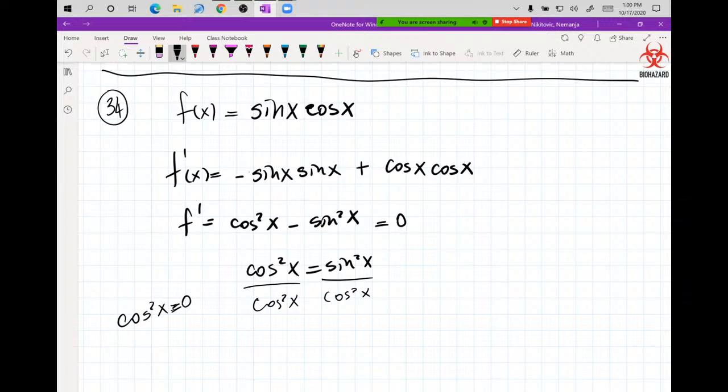But cosine of pi over 2 is 0. And you just took out all of those. So if you do have any pi over 2 solutions, dividing both sides by cosine squared killed all of those solutions. You're not going to see them. You're never going to see them.